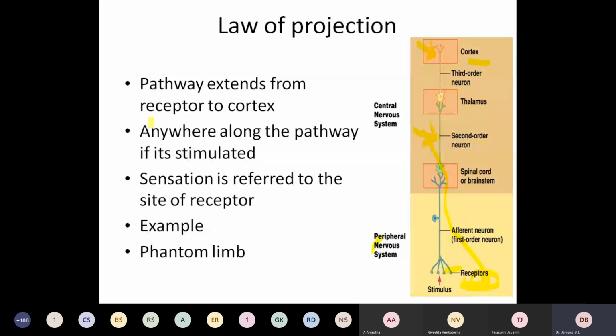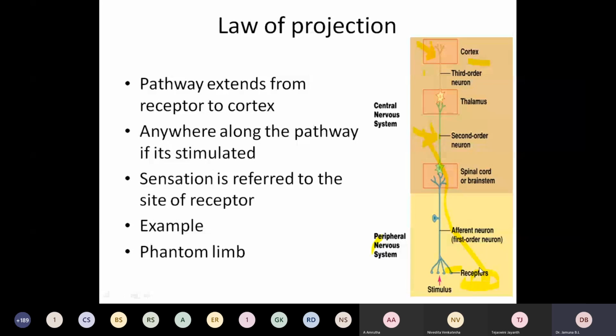So when you stimulate the receptors which are present for the great toe, anywhere in this pathway, you will feel the touch sensation for the great toe at the receptor location.